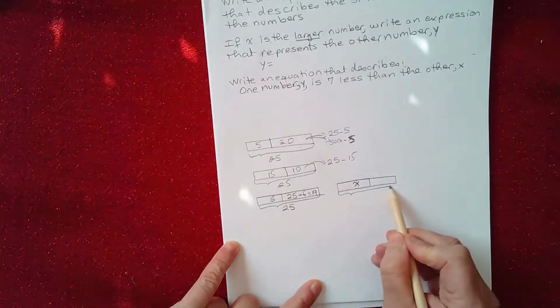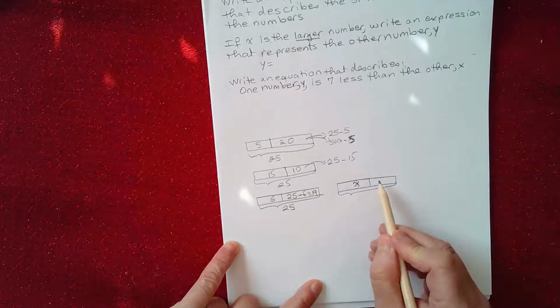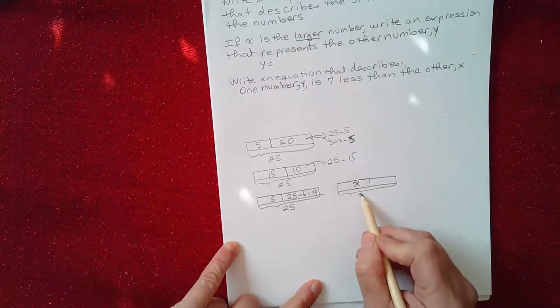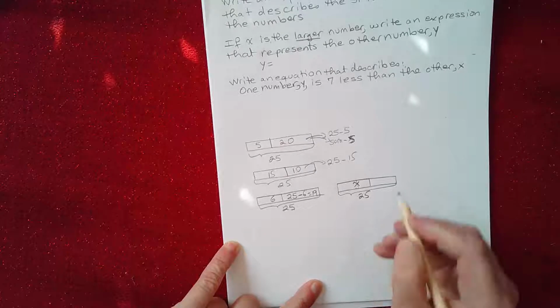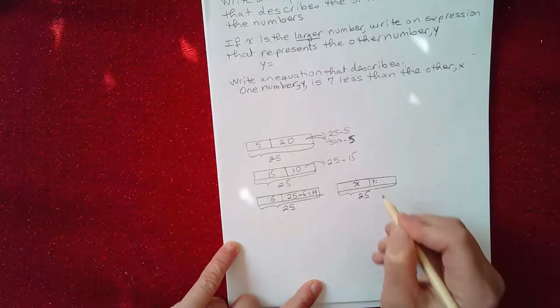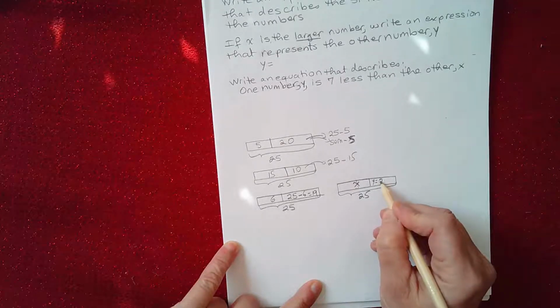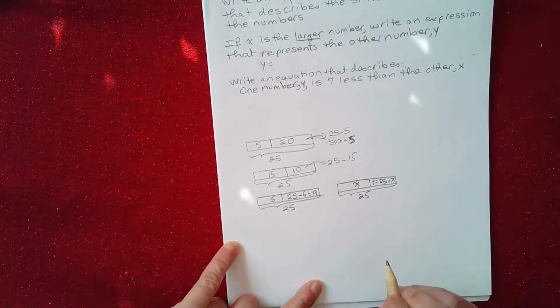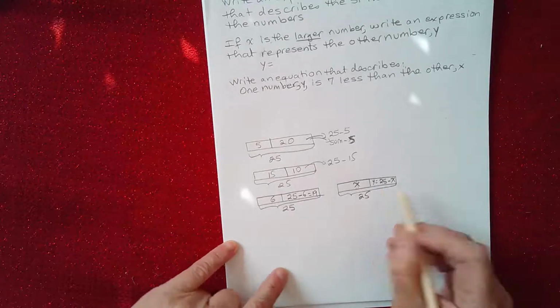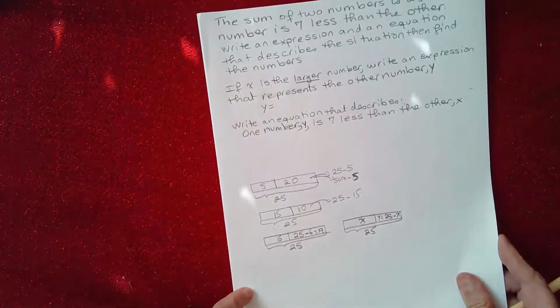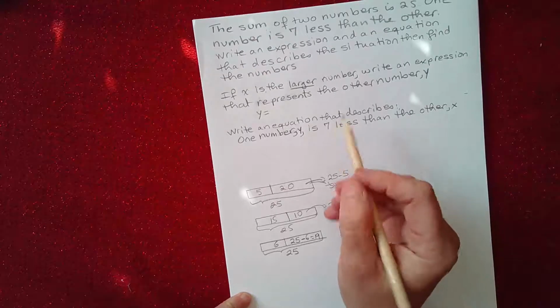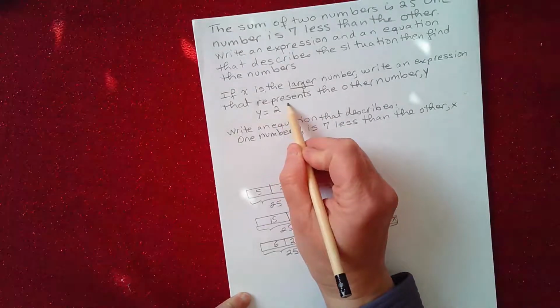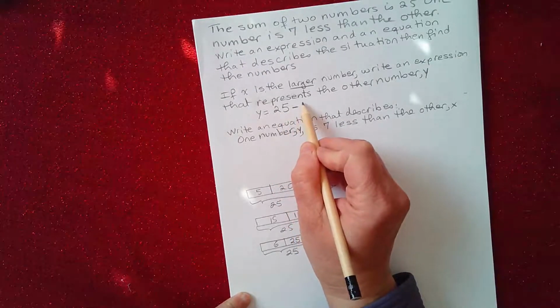And the sum of x and another number y must be equal to 25. So y here is none other than the sum, which is 25, minus the first number, which is x. So the other number y must be equal to 25 minus x.